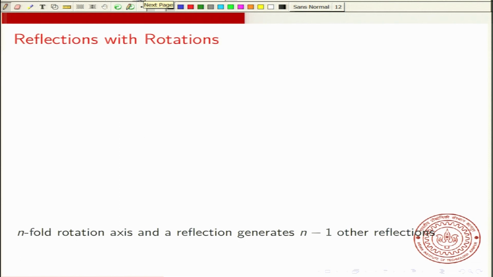There is a special case, which is a combination of reflections and rotations. I'll take one example, a simple 2D example. Let's say you have an atom A at the center, and you have 4 B atoms forming a square with a square symmetry.